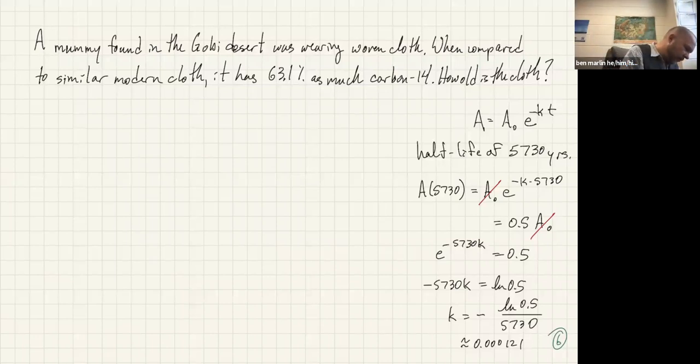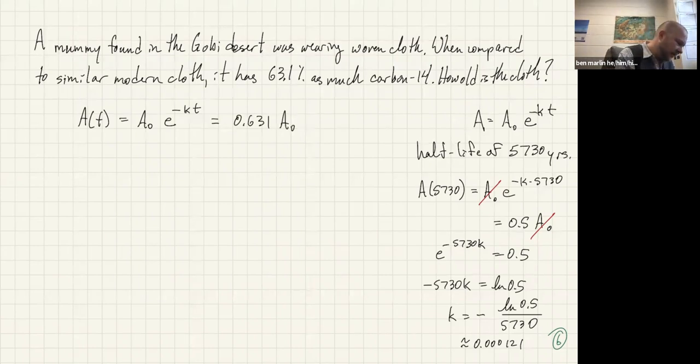Because we know that the A of t being A naught e to the minus kt with the value of k that we now know, but I'm not going to plug it in, okay? We know that however long this has been aging, we ended up with 0.631 A naught here, okay?